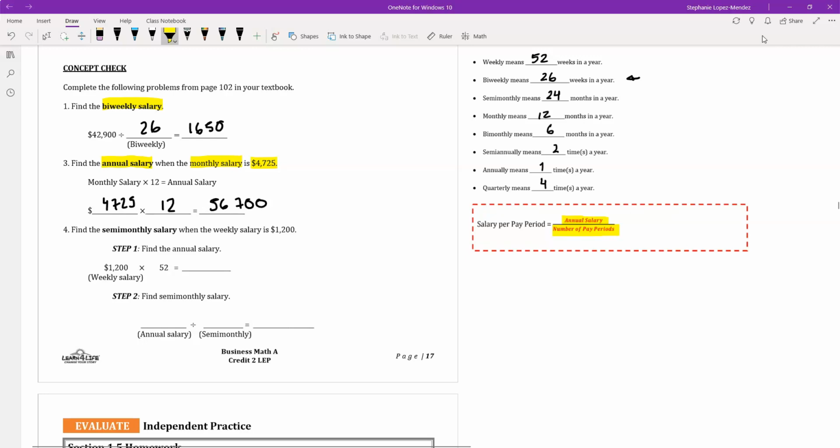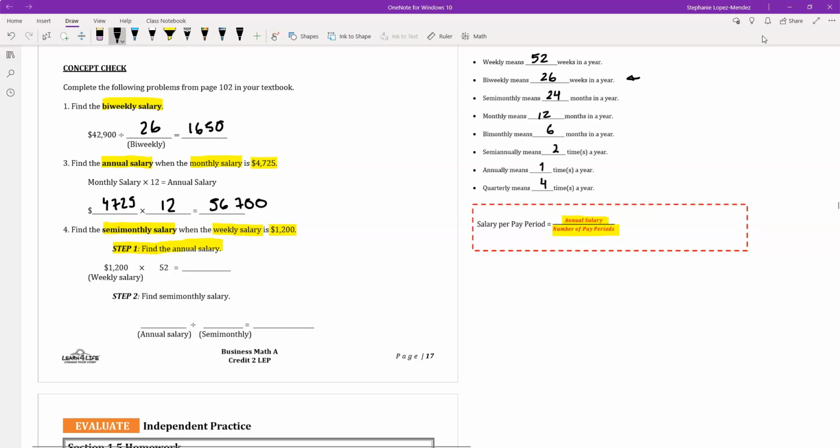We have find the semi-monthly salary when the weekly salary is 1,200. So if we go step by step, on step number 1, we should be finding the annual salary. Okay.